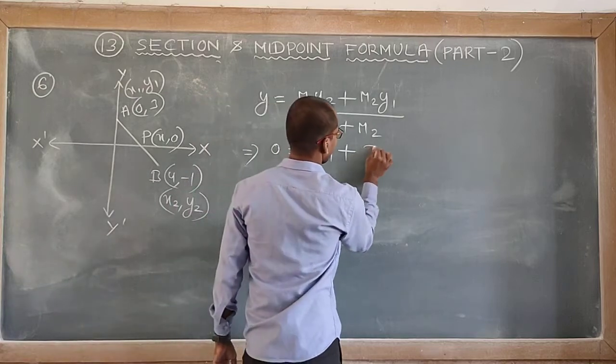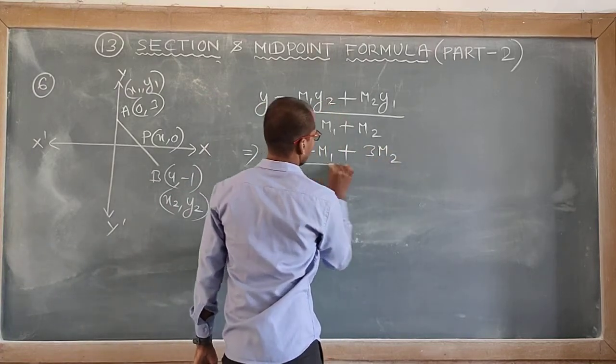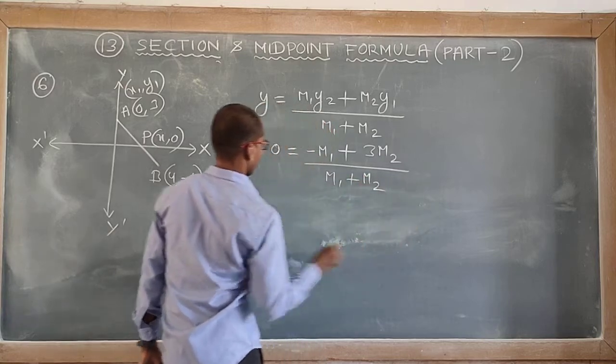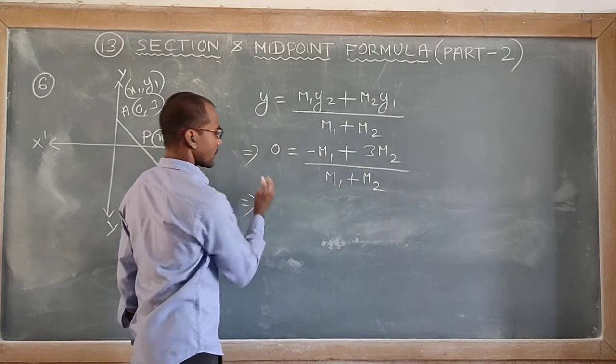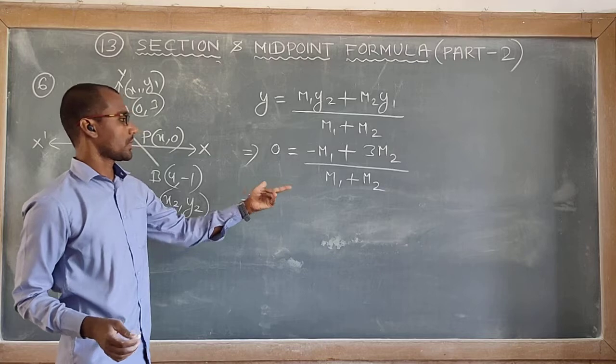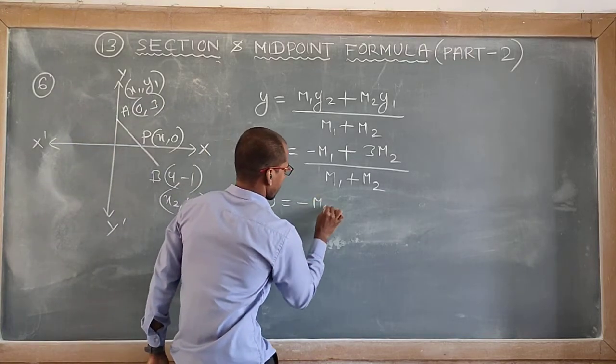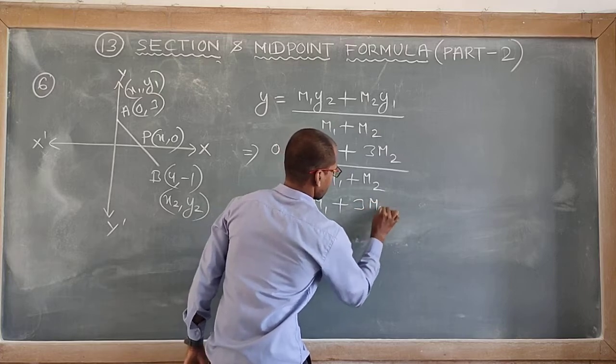So 3 m2 by m1 plus m2. Bring this to the left: 0 times (m1 plus m2) is equal to 0, is equal to -m1 plus 3 m2.